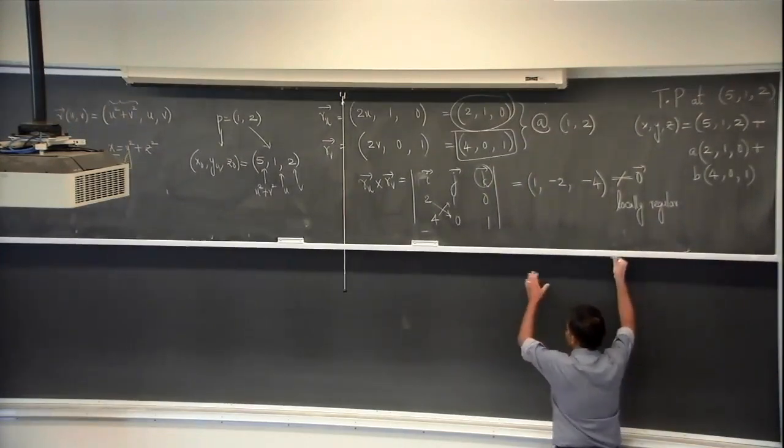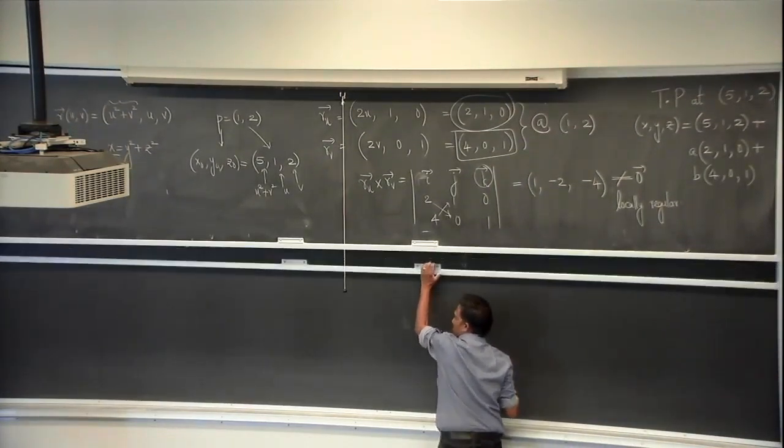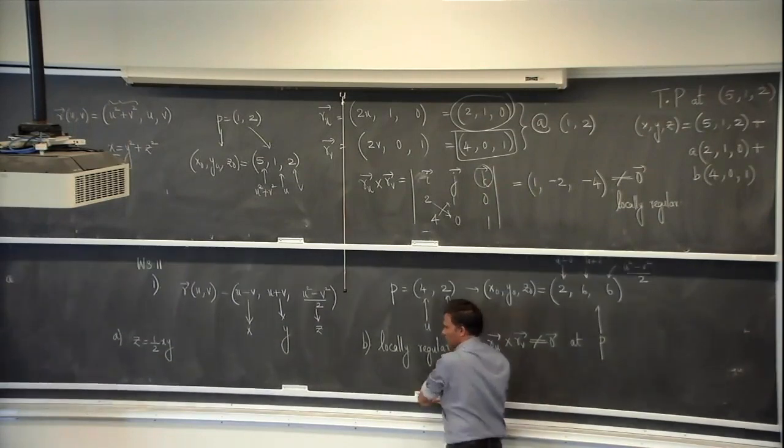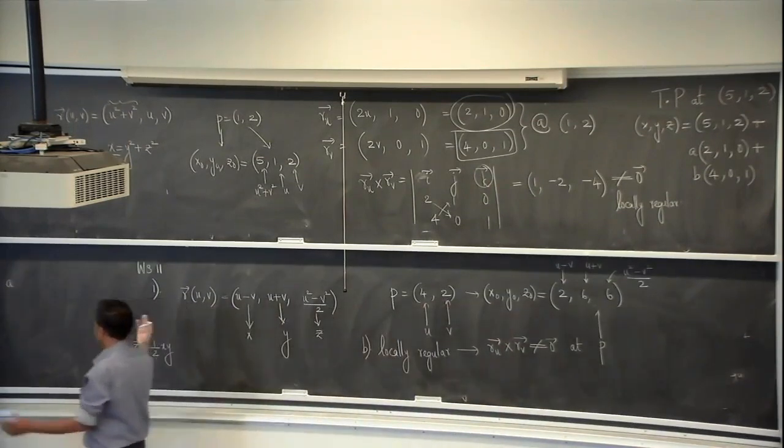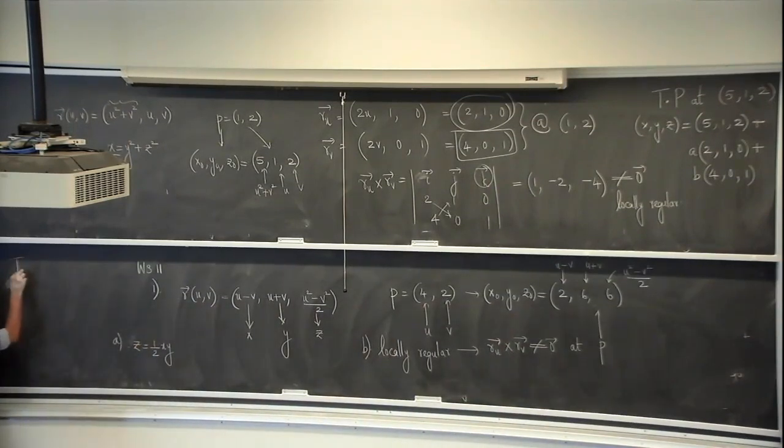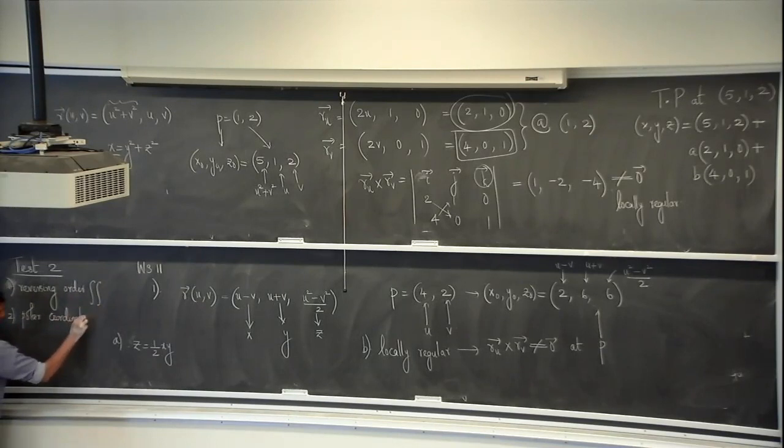Let me just tell you what the pattern of test number 2 would be, just so that you know how to plan for it. I'm just trying to ask 5 questions. Reversing the order of integration. It's a double integral. Polar coordinates. Again, please do all the examples we did in class and the old exam questions.